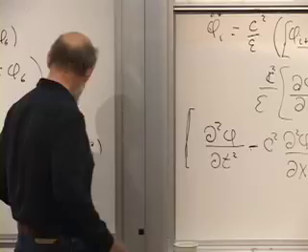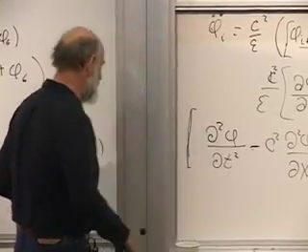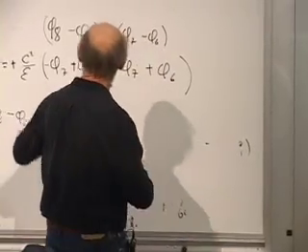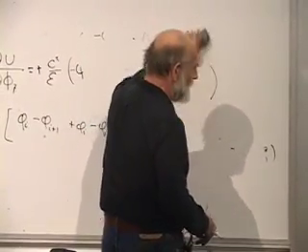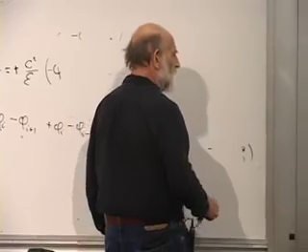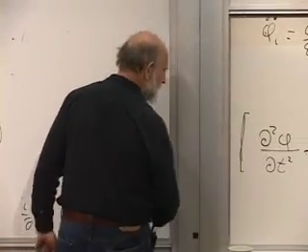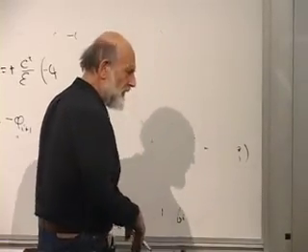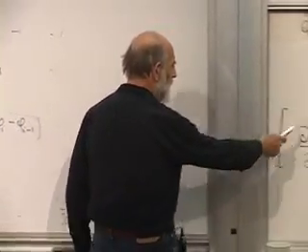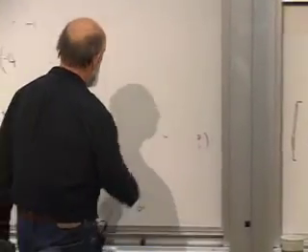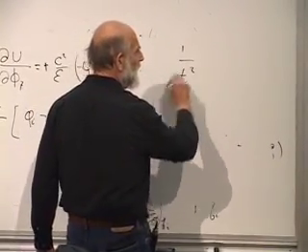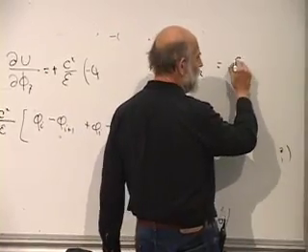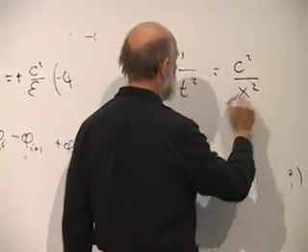Wait, hold on. Let's just check the dimensions of c. I've done this more than once wrong. Let's check dimensions. Okay, so apart from the dimension of phi, which I don't care about since it appears in both of these, here I have a dimension 1 over time squared, equal to a thing with dimension c squared over x squared.